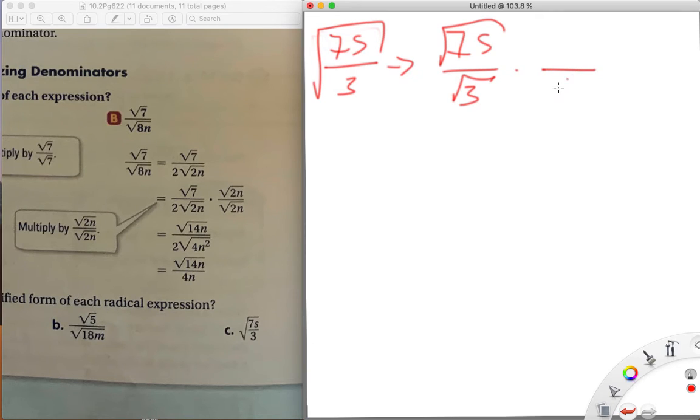Multiply top and bottom by the square root of 3, which gives me 21s over 3. And I cannot simplify that any further. 7 times 3. Yep, that's it. I'm done.